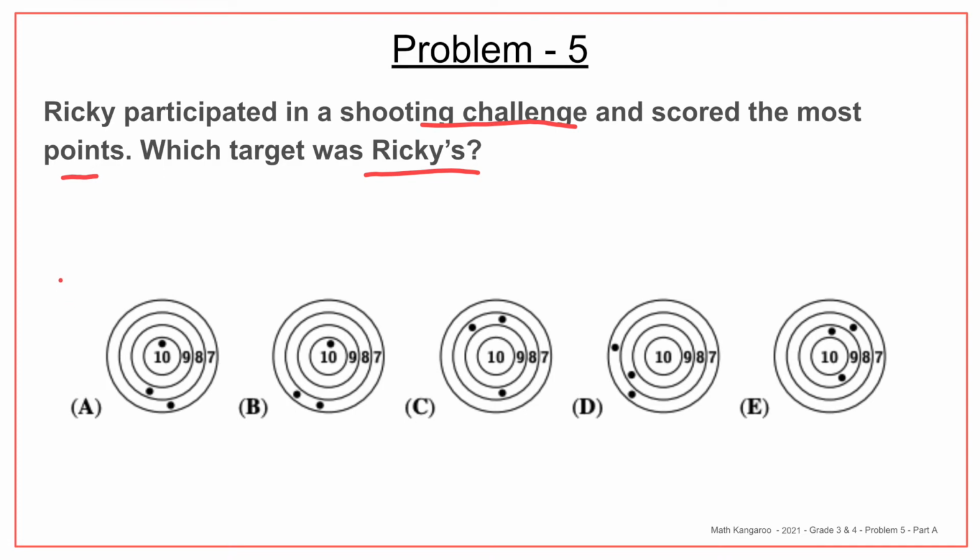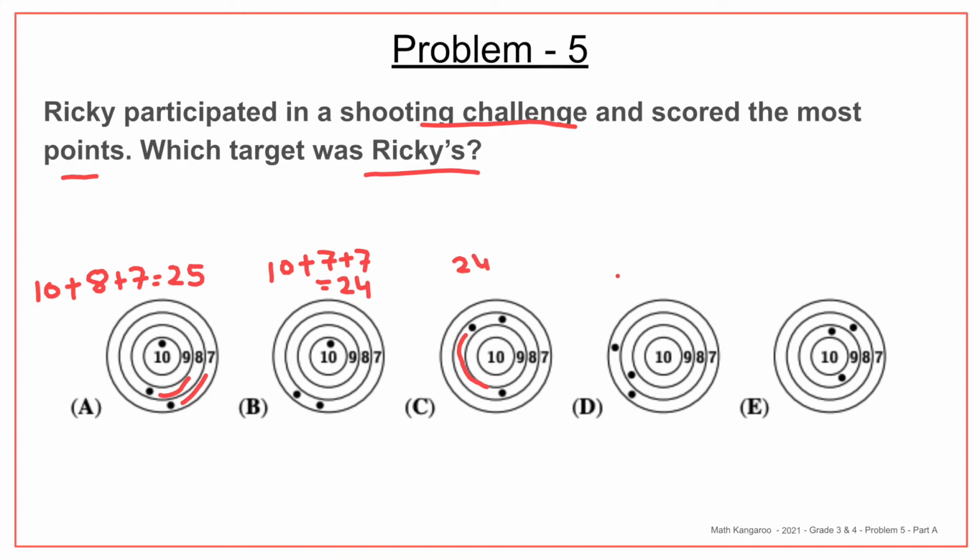So here we have option A, 10 plus 8 plus 7 gives us 25 score. Here we have 10 plus 7 plus 7 gives us 24. Here we get 3 8s, so the score is 24, 8 times 3.